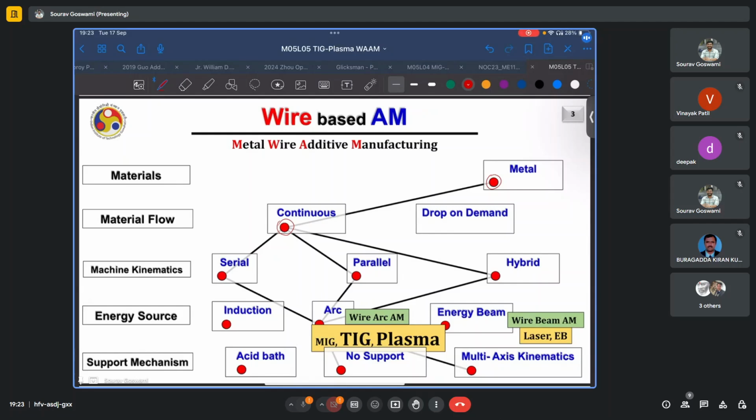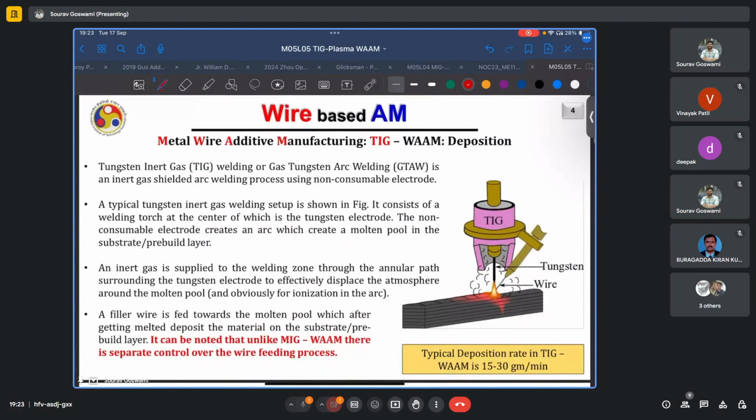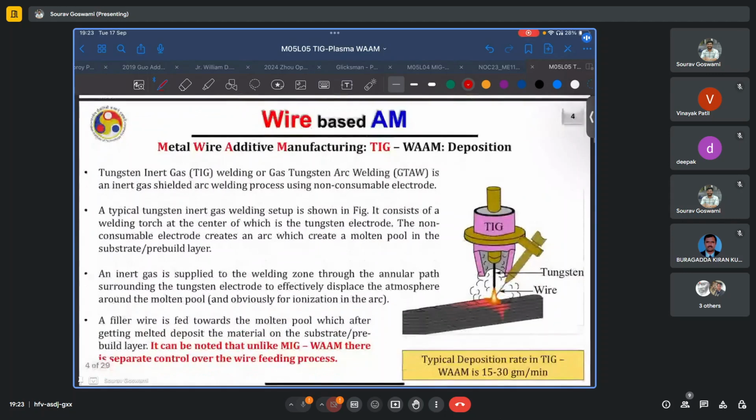The machine kinematics can be serial, parallel, or hybrid based on your design. The energy source still remains an arc. However, this time we are using a non-consumable electrode, which is a tungsten electrode, for generating this arc. This process is very similar to your TIG welding process.